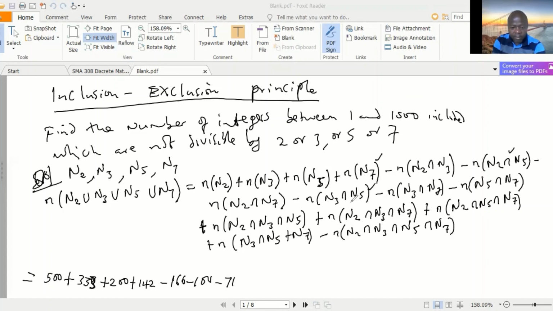15 into 1,000, use your calculator and get 66. Then that's 21. 21 into 1,000, use your calculator and you get 47. This is 35 divided into 1,000, and you get 28.